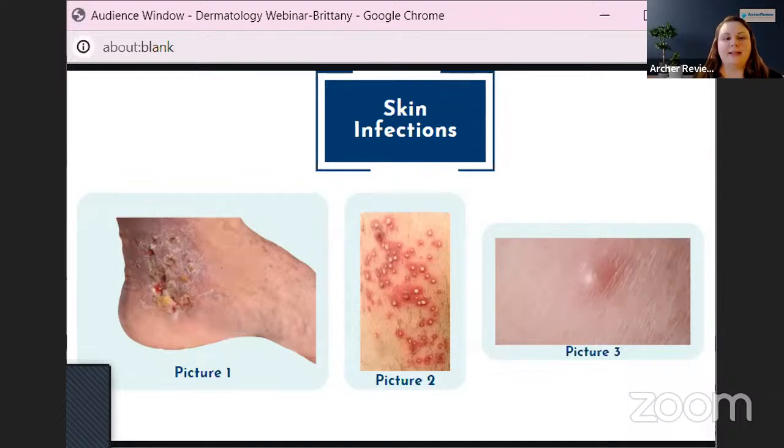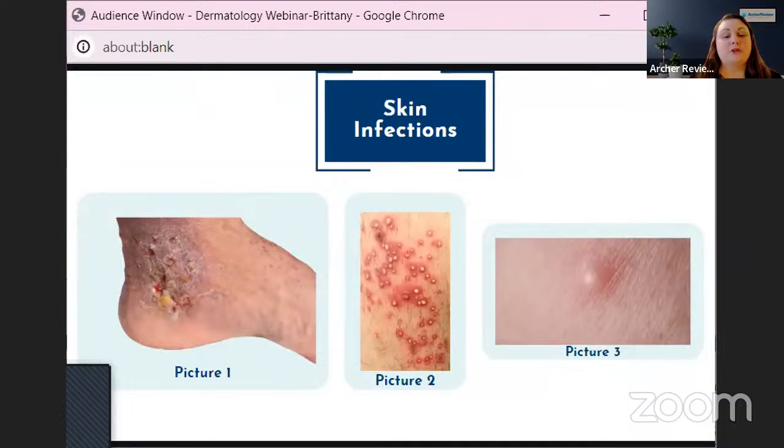So that's folliculitis. Very good. This is just an infection of the hair follicles. You can even get this from something as simple as a hot tub, or shaving irritation. We can use topicals like mupirocin for this. It's usually a pretty easy fix.